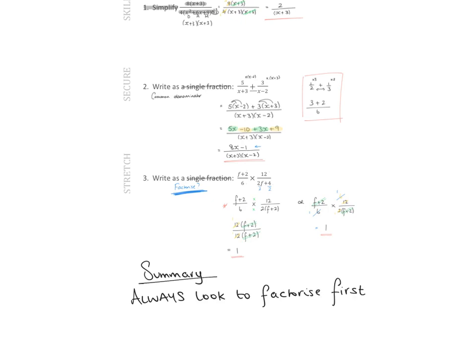So that's always the first thing we're going to do. And then what else is in our summary? So what we need to do is, you can only cancel if things are connected by timesing.